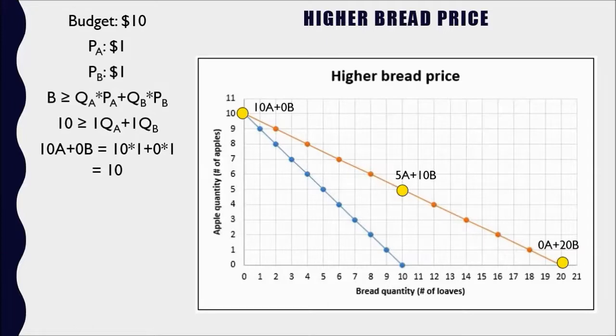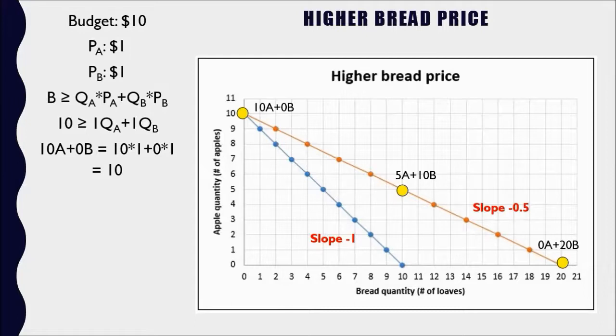This is because compared to the original example, only the price of bread changed. The price of apples and the budget did not. Therefore, the consumer can still afford the same quantity of apples on the same budget if they don't purchase any bread. This also explains why the slope of the budget line has changed compared to the original example.